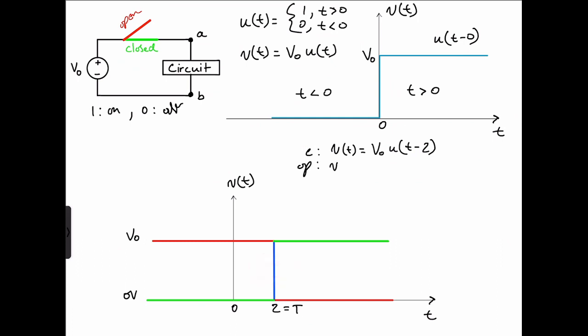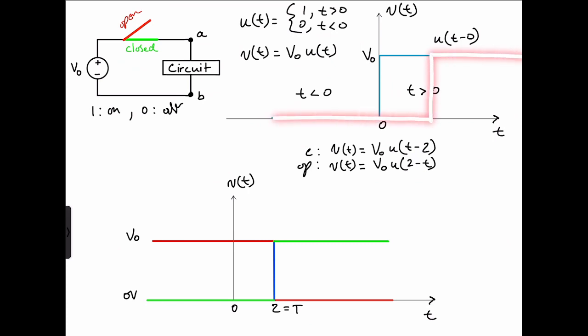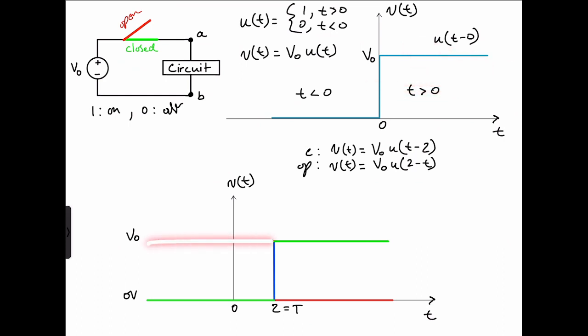We can represent that by V of t is equal to V0 U of t, and that should be not t minus 2, but 2 minus t. What happened is that not only did our graph shift by 2, we have the time reversal property taking effect. So we shift our graph 2 to the right, which means we delayed it, and then we turn it around, which means we reversed it in time.